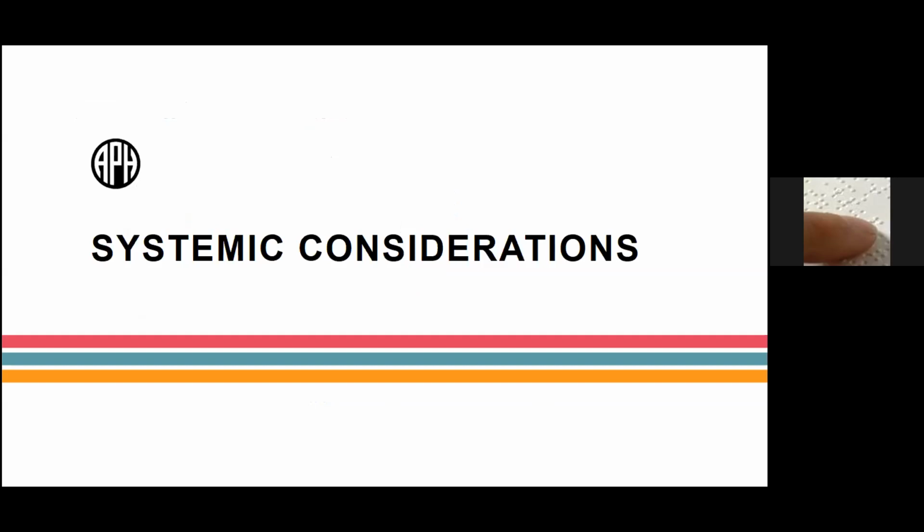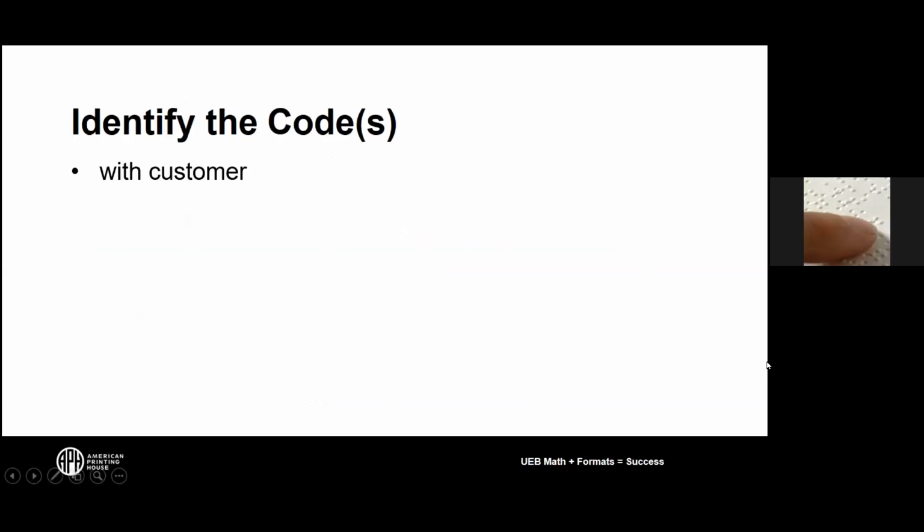So some systemic considerations, not just at a cell level, but when we're thinking about the whole project or series of transcriptions. Some of those systemic considerations include, it is best to, and we need to be careful too for ourselves and everybody else, identify the code.